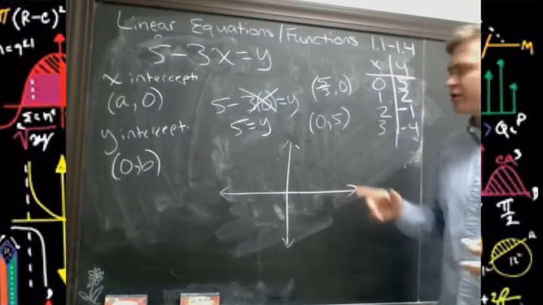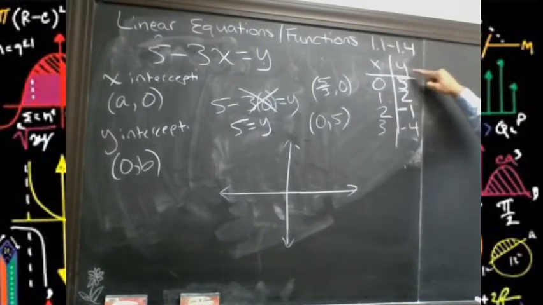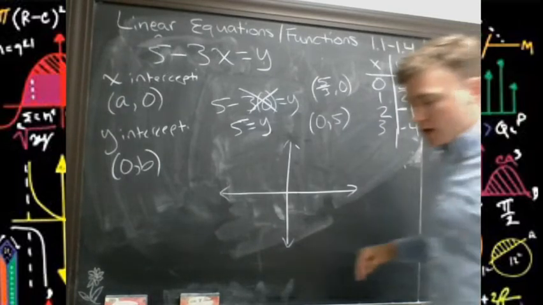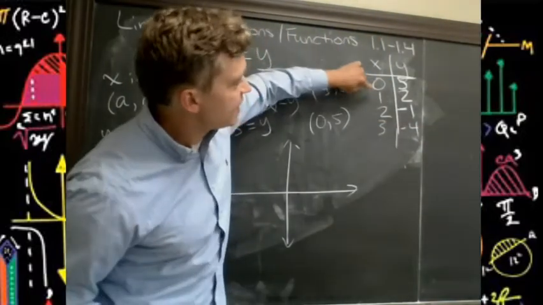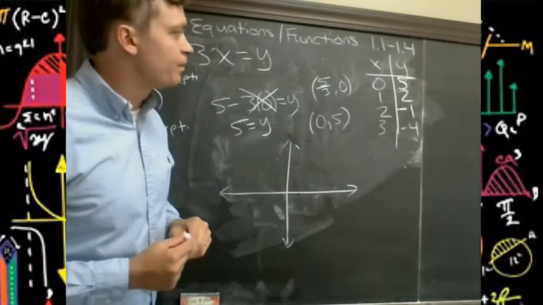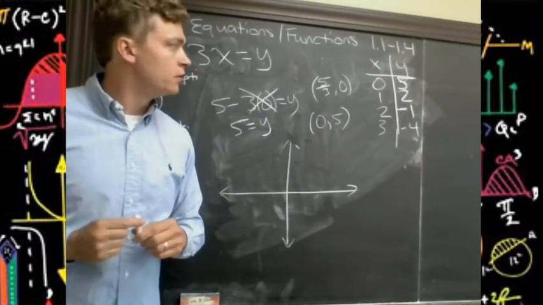Okay, what's the pattern? As x increases by 1, the y's are decreasing by 3. Do we see that there? I wonder why they're decreasing by 3 every single time.